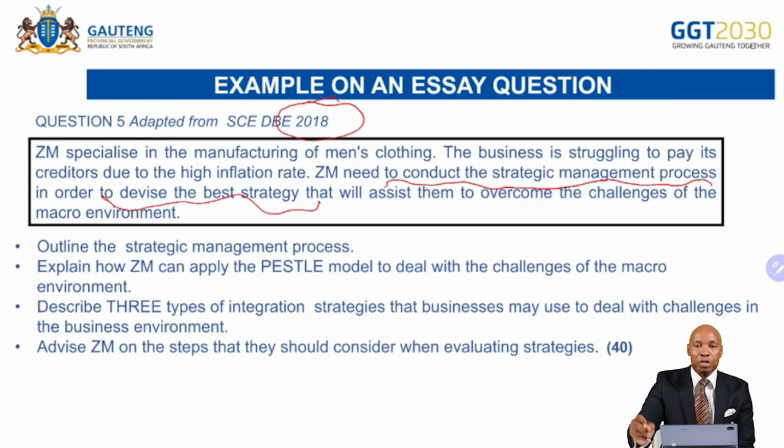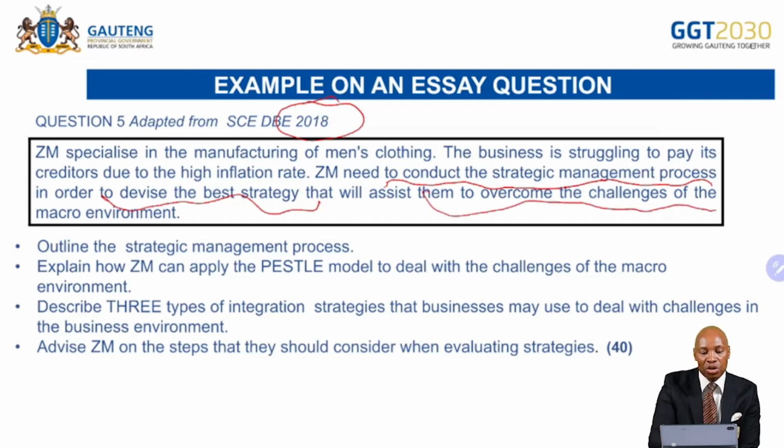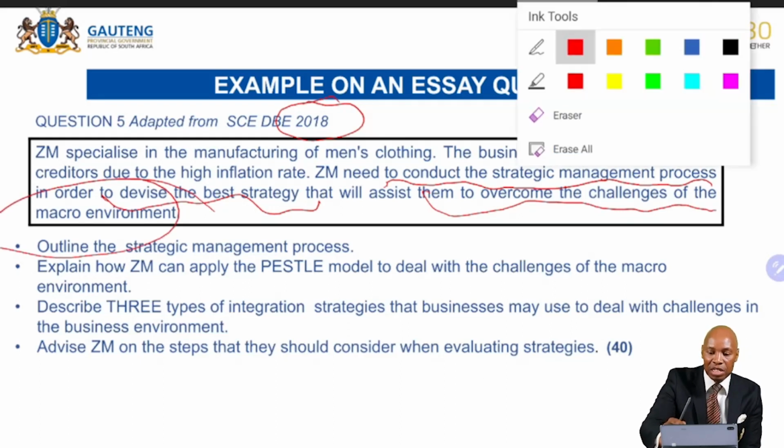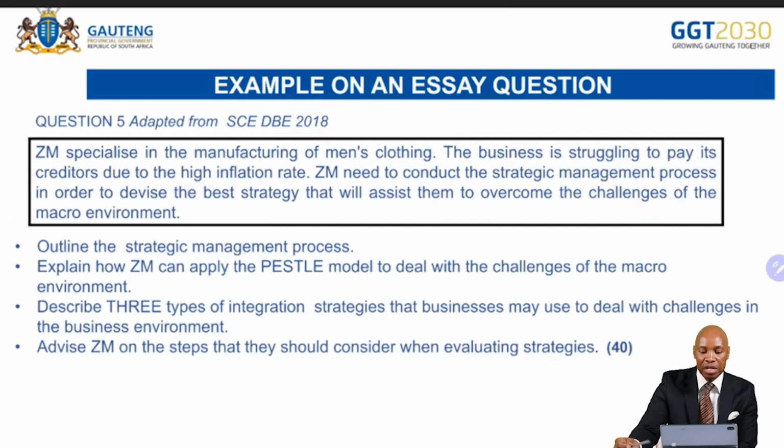Your strategy must be based on the problem that you have identified. But we'll talk about that more when we get to business strategies. That will assist them to overcome the challenge of the macro business environment. This is just information. Now, our questions are based on what the preamble was saying.